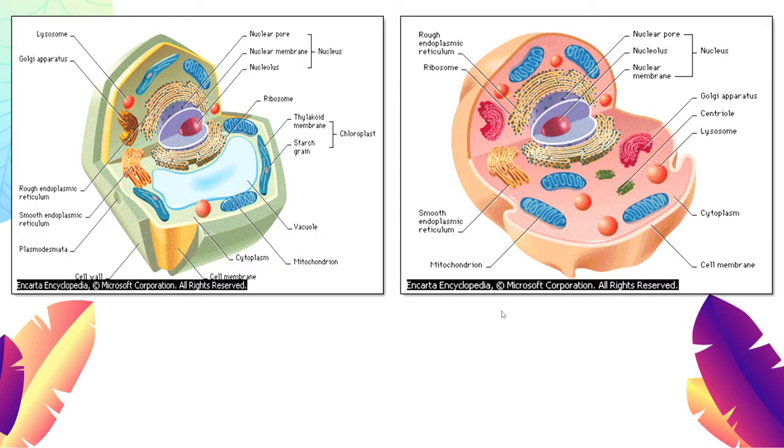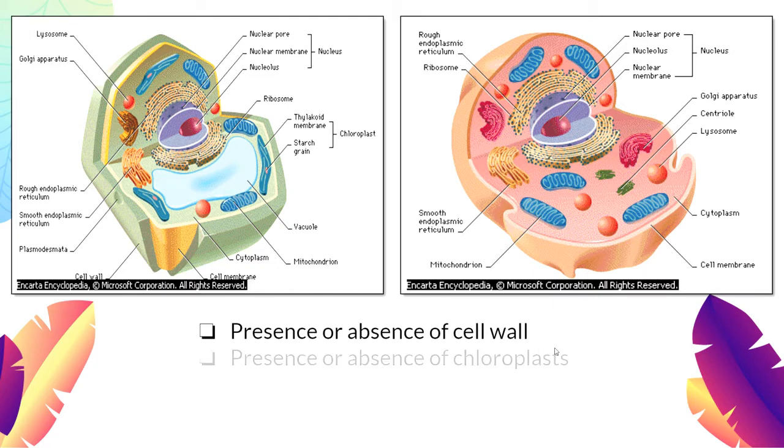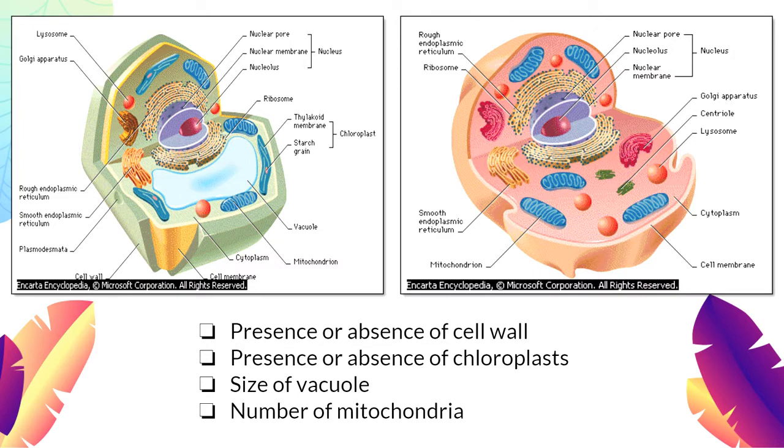Now, again, also to clarify, what are the differences between plant and animal cells? In terms of presence or absence of cell wall, presence or absence of chloroplast, size of vacuole, and number of mitochondria. Plant cells have cell wall. Animal cells do not have cell wall.